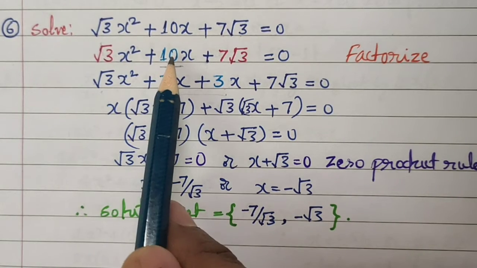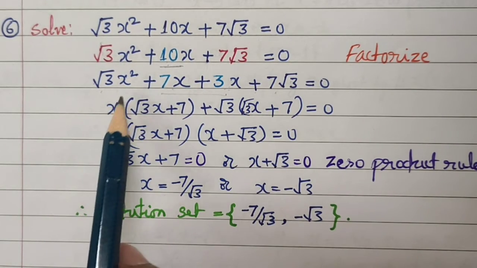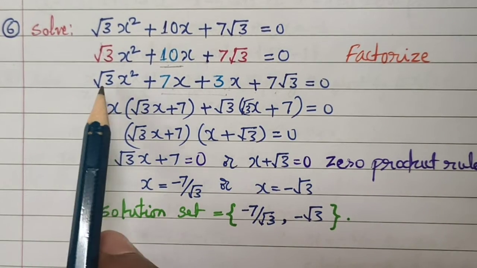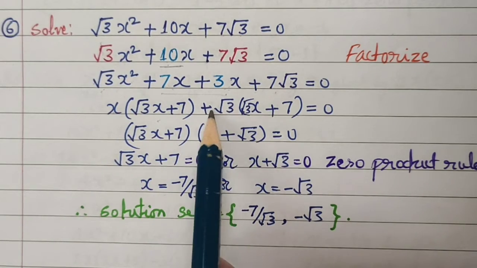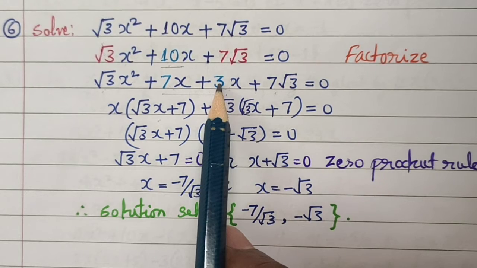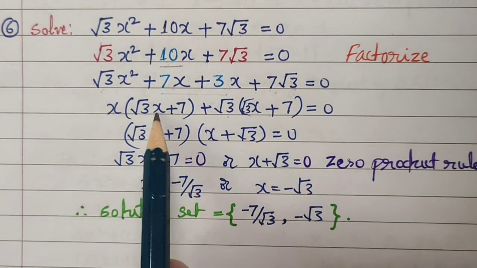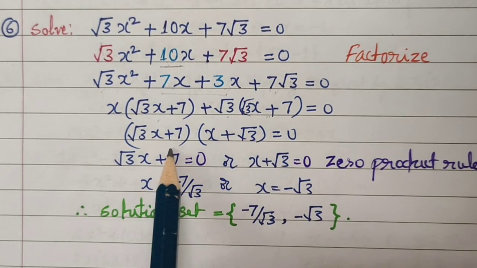√3x² + 7x + 3x + 7√3. Out of the first two, you take out x as common: x(√3x + 7), plus out of the last two, you take out √3 as common. When you take out √3 out of 3, you get √3, so √3(√3x + 7). Out of these two, √3x + 7 is taken as common.